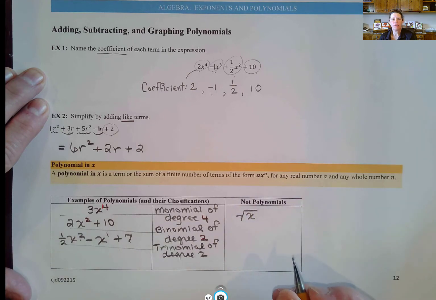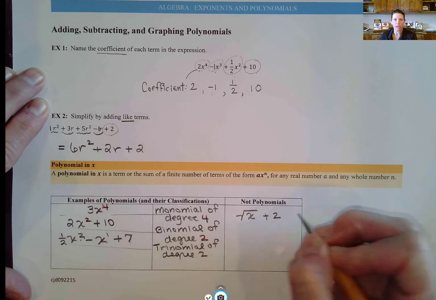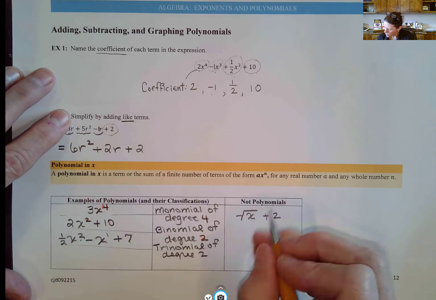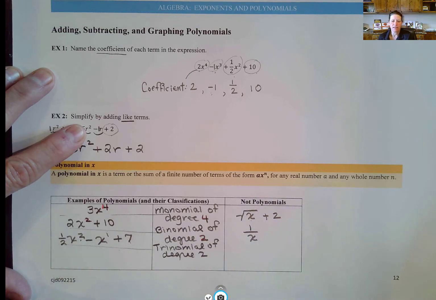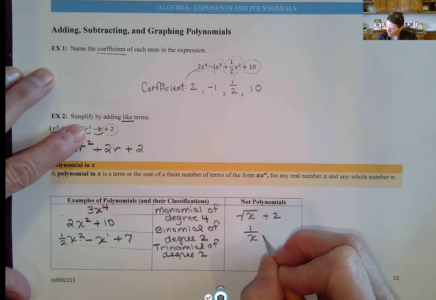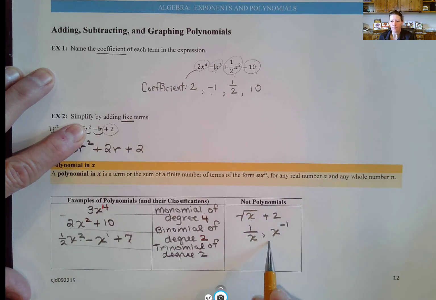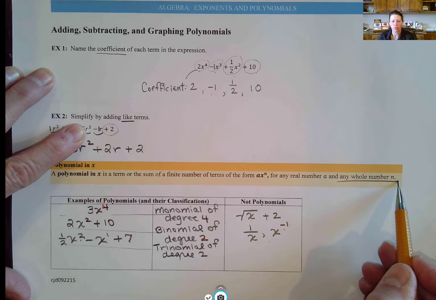Any kind of expression that has a square root of x and maybe a plus 2, that's not a polynomial. Or if you see your variable in the denominator, that is not a polynomial. Remember, we would write that as x to the negative 1, wouldn't we? And notice that your exponent there is not a whole number, so it breaks that rule.